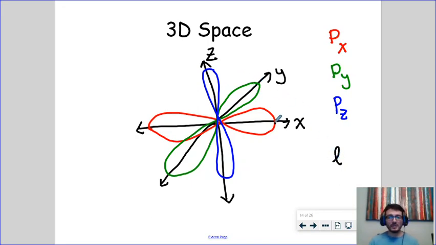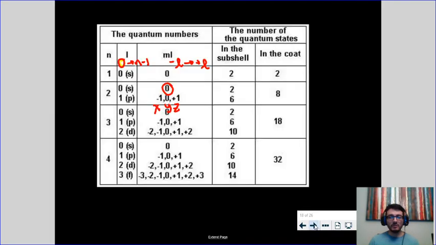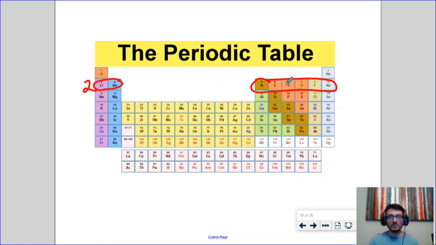So along the x-axis we have 1 and we have 2. Along the y we have 1 and we have 2. On the z we have 1 and we have 2. For a total of 6 electrons for all our p orbitals. That should make sense because going to our periodic table, we have 1, 2, 3, 4, 5, 6. Hopefully this is starting to come together.